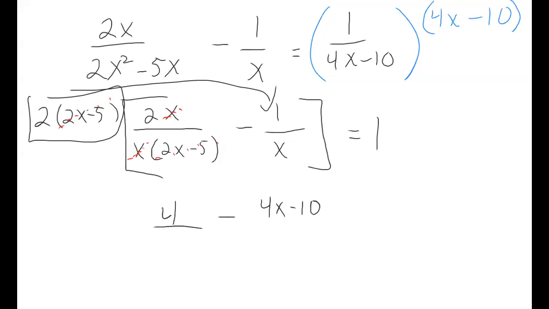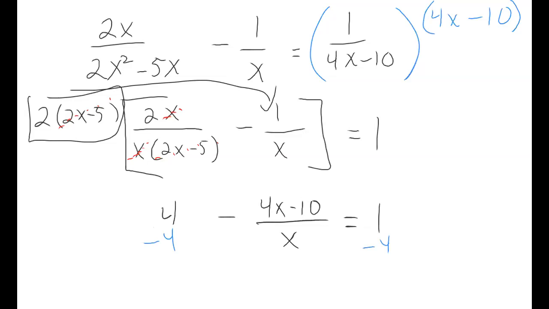4x minus 10 all over x equals 1. And that's 4 over nothing. So now I can subtract this 4 from this 4.